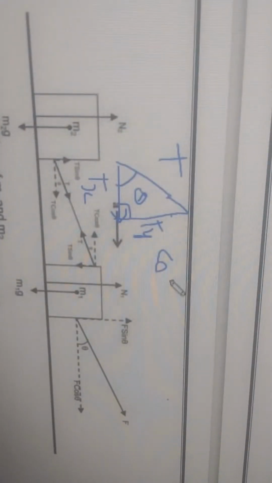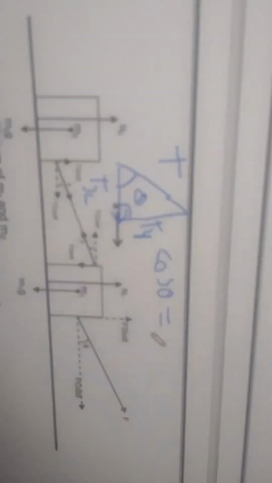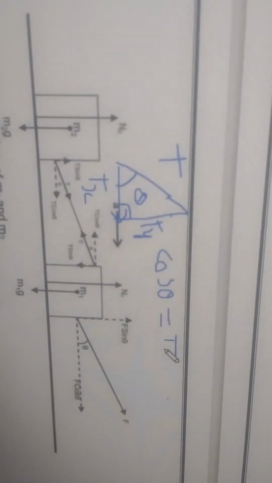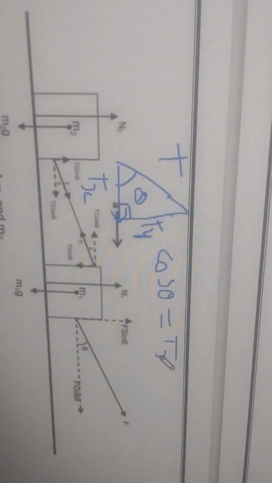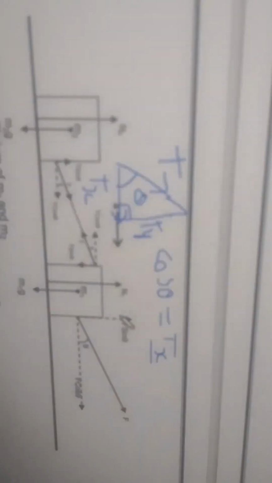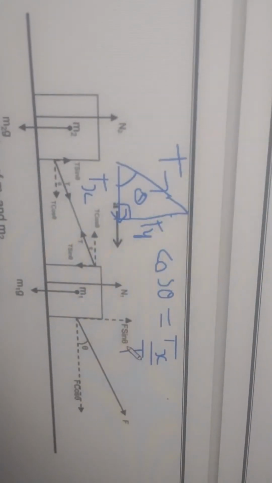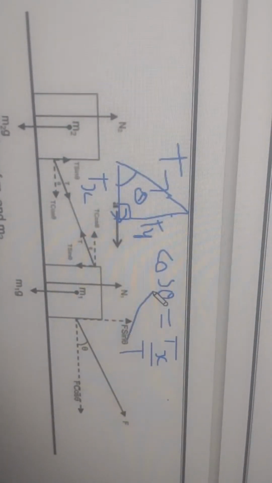Cos theta is equal to b by h. So the base, this is the base, T of x, divided by T, and in vector form we consider this T. We cross multiply this here.